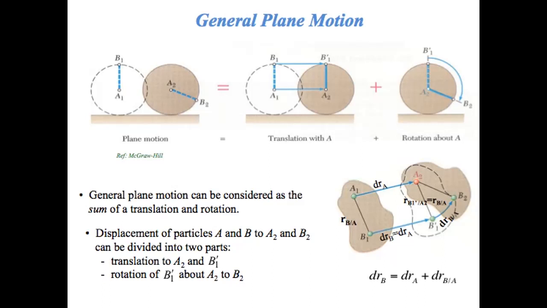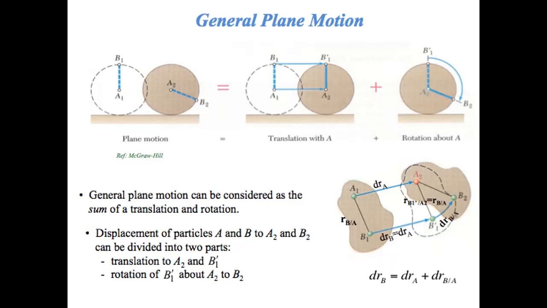To study the general plane motion, let's focus on the motion of two arbitrary points A1 and B1. First step, consider only translation. Point A has moved to its new location A2, so we can show the displacement of particle A by vector dr_A. Also, point B1 has moved to new location B1 prime, and the displacement of particle B is the vector dr_B1 prime.